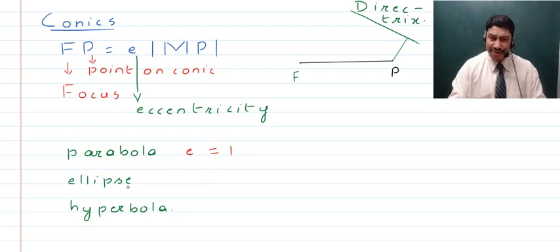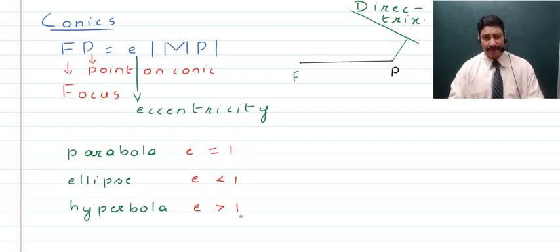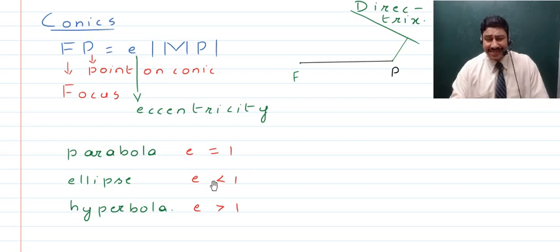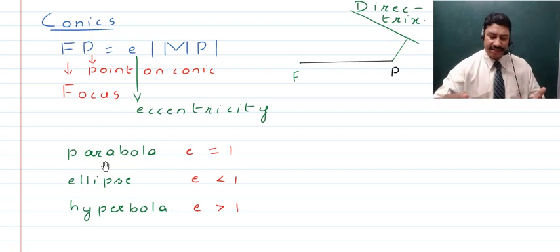If you talk about an ellipse, its eccentricity is less than 1. And if you talk about a hyperbola, its eccentricity is greater than 1. Right? So this constant which was there in this equation, the eccentricity, is equal to 1 for a parabola, is less than 1 for an ellipse, and is greater than 1 for a hyperbola. Right? So I'll just quickly discuss all of these things all over again.